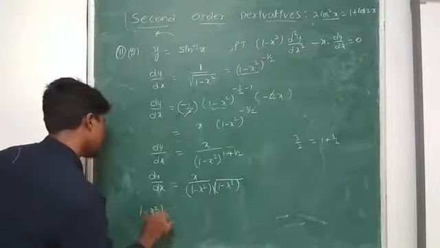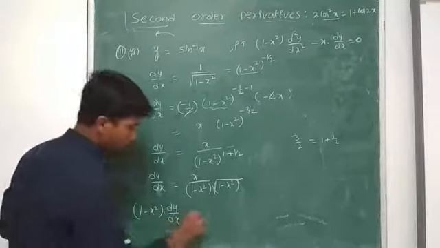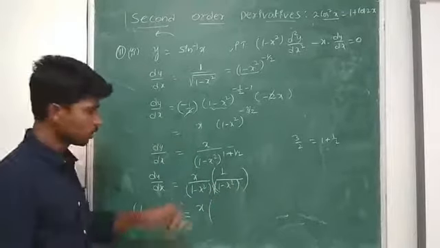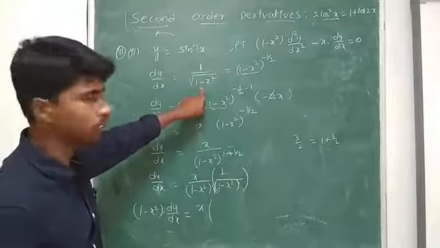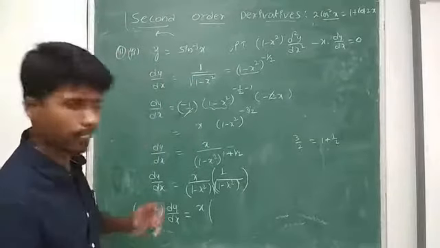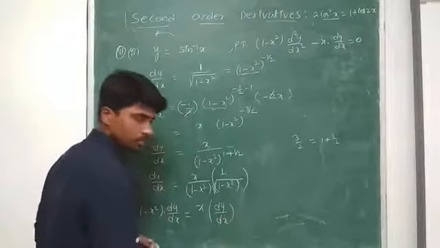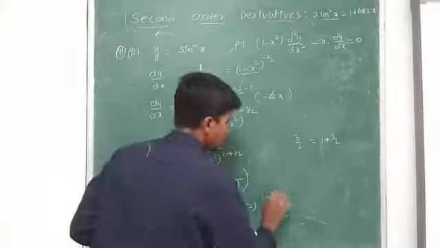I get (1 minus x square) into dy by dx, which is equal to x into 1 by root over 1 minus x square, which is nothing but y. So x into y. Now next step, transfer to left side, we get our answer.